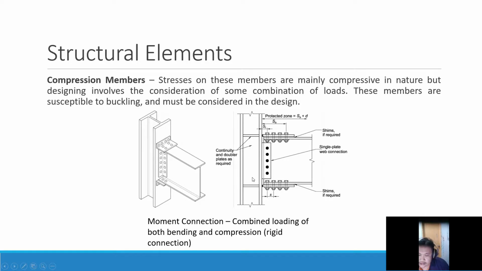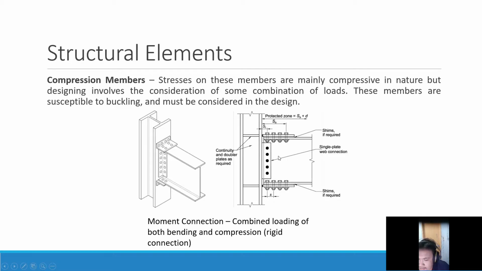That's why this column is no longer considered as pure compressive. Although its nature is compressive, because of this connection in its flanges, they are now transmitting moment. So this is called a moment connection, a combined loading of both bending and compression, or a rigid connection.